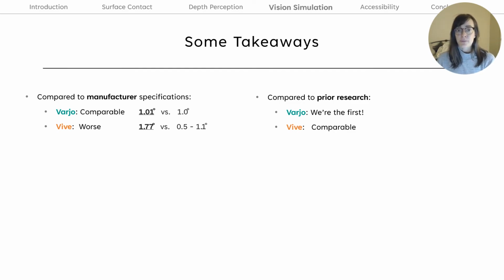And then more recently, Schuetz et al., about the same time, also reported accuracies, depending on data processing and the field of view, between 1.22 degrees and 0.97 degrees. So our values fall kind of in the range of these. There have also been some more or less formal evaluations that I discussed in further detail in the paper.